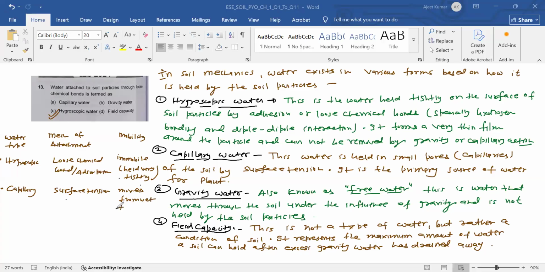Next is gravity water. Mechanism of attachment is gravity. Highly mobile, and under gravity it is drained out. Okay. So the answer will be C. And this is all about question number 13.